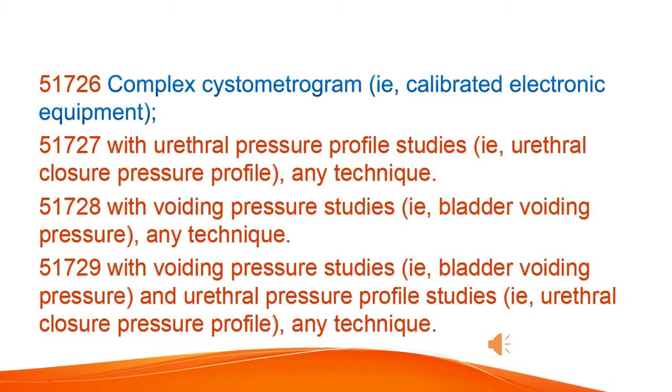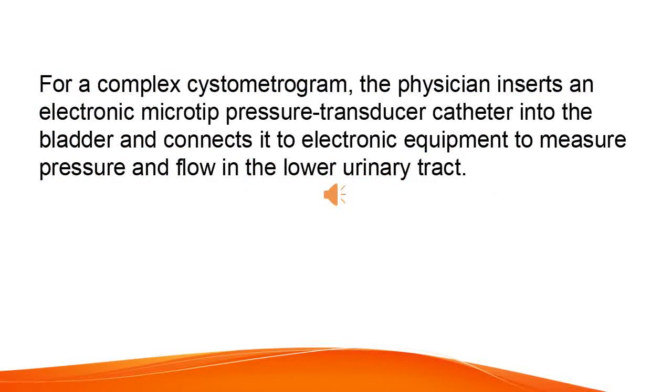With voiding pressure studies, i.e., bladder voiding pressure, and urethral pressure profile studies, i.e., urethral closure pressure profile, any technique. For a complex cystometrogram, the physician inserts an electronic microtip pressure transducer catheter into the bladder and connects it to electronic equipment to measure pressure and flow in the lower urinary tract.